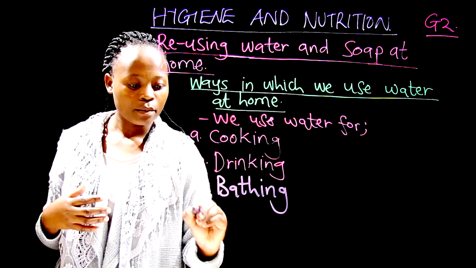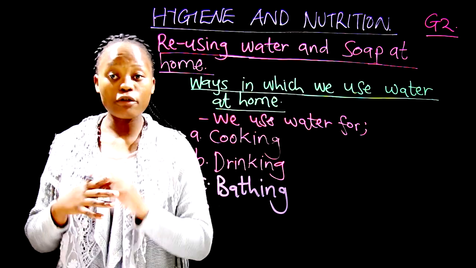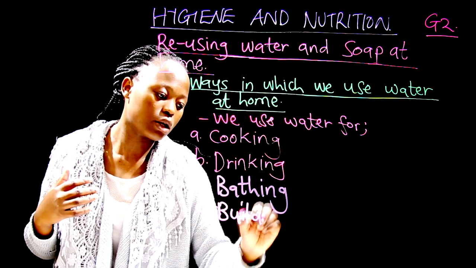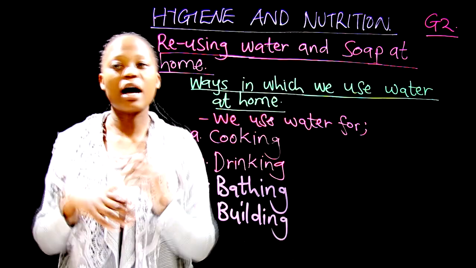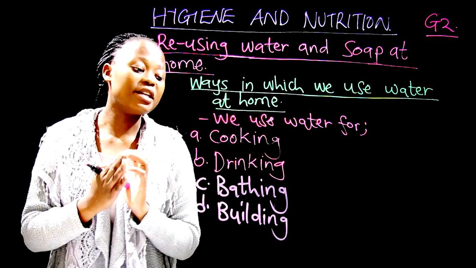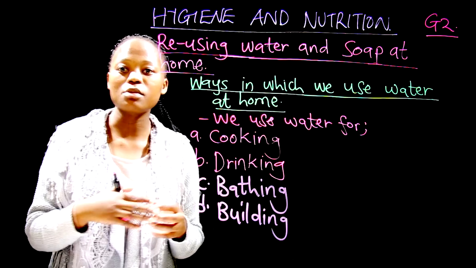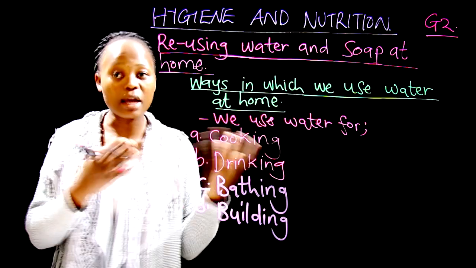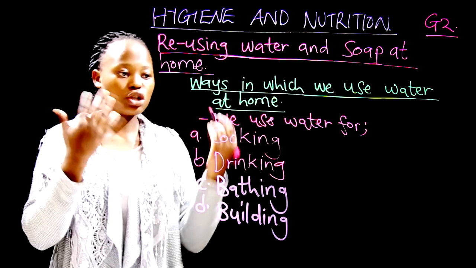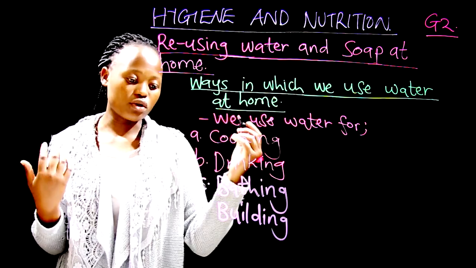Then letter D, we also use water for building. When you visit a building site, those builders need water to mix the sand, to mix the cement, so that they can continue with their building or construction.